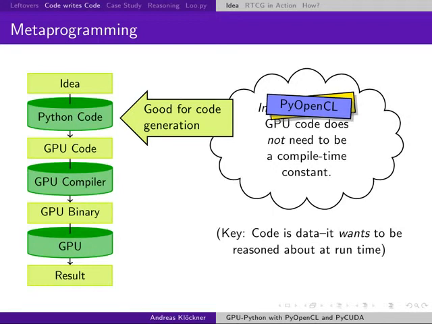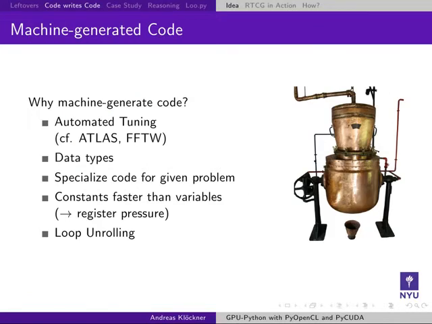What might be a couple of other reasons why you want to machine generate code? Automated tuning is the big obvious one, since you want to generate different varieties of code. But it's a good idea for other reasons too. For example, if you're a library writer, the user might ask you for a lot of different stuff at runtime that you can only partially foresee.